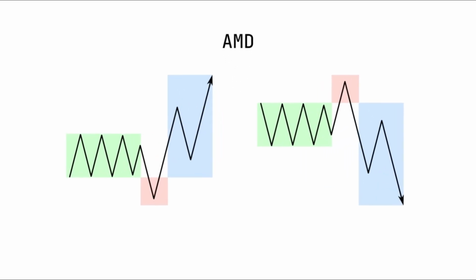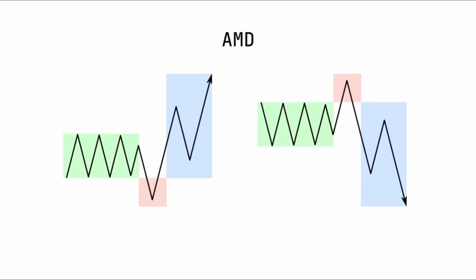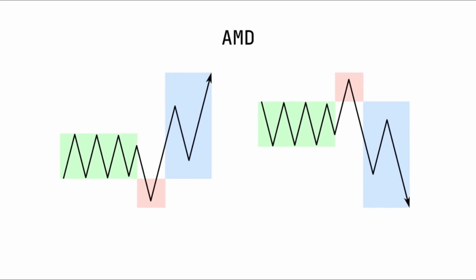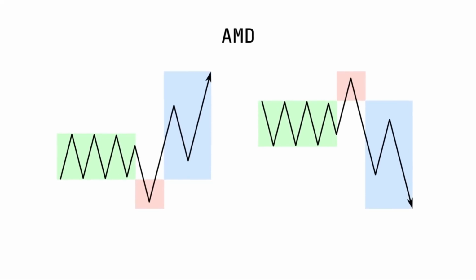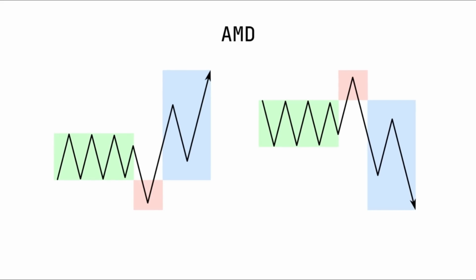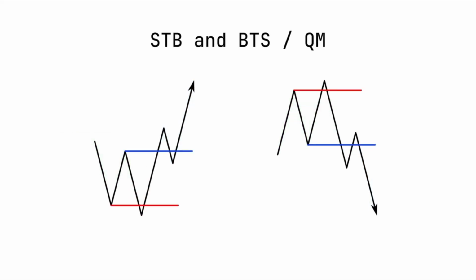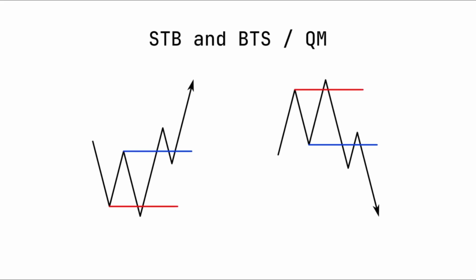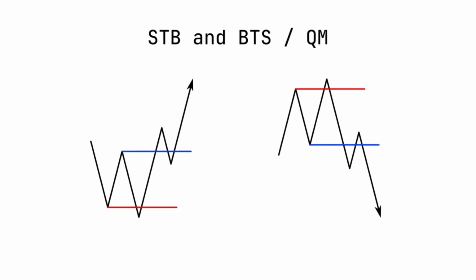If you are an experienced trader, you probably already guessed that this logic is identical to the power of 3 pattern, or what is also known as AMD, accumulation, manipulation, distribution. Another similar pattern with similar logic is called sell to buy and buy to sell, or Quasimodo. It all works identically, only the names and some characteristics differ.